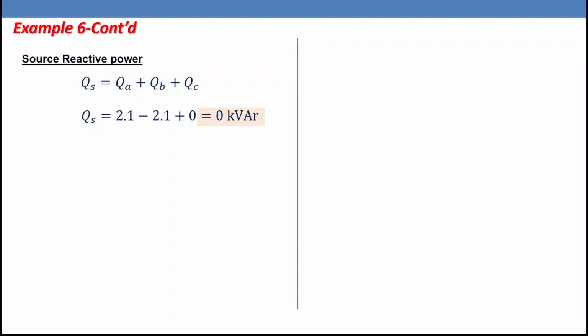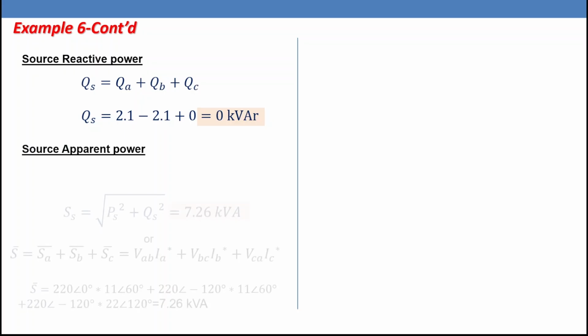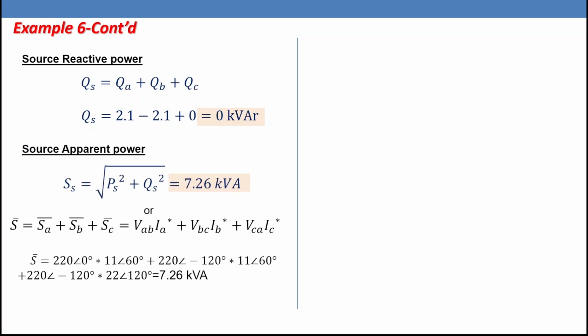So that one is going to cancel each other. We have 0 var from the source. Regarding the apparent power, that one is root P square plus Q square. So that one gives you apparent power equals active power in this case, 7.26 kilovolt ampere. Or you can calculate it as SA plus SB plus SC, VAB IA conjugate plus VBC IB conjugate plus VCA IC conjugate. In this case, you are going to find the same answer.